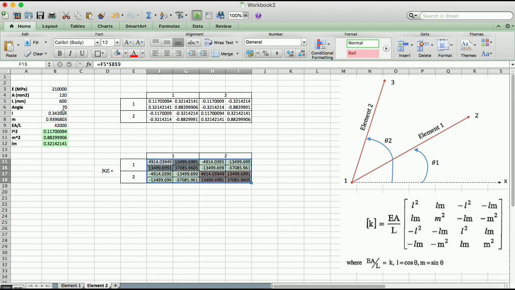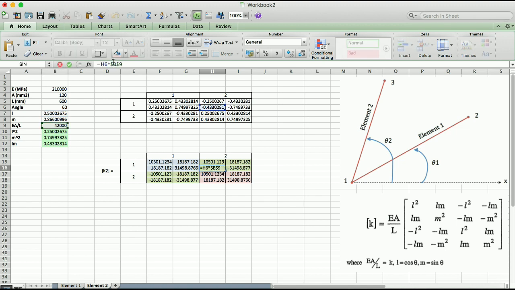So for example, if you just change the angle from 70 to 60, as a result it will amend all the numbers. Nonetheless, the functionality doesn't change, the formula is still the same.